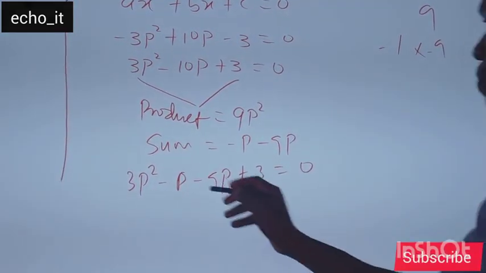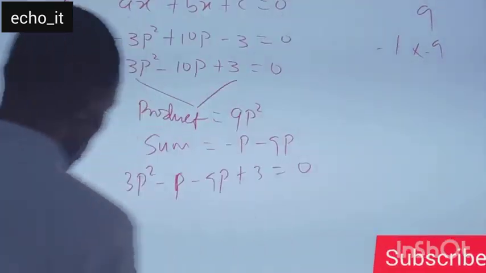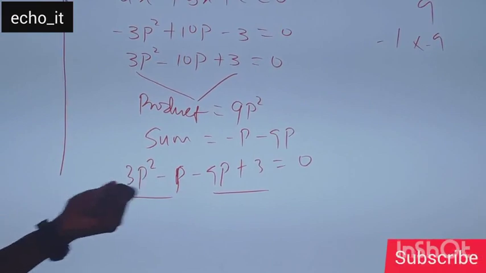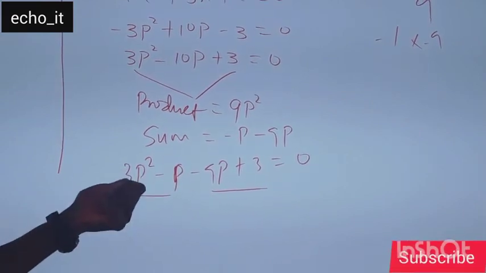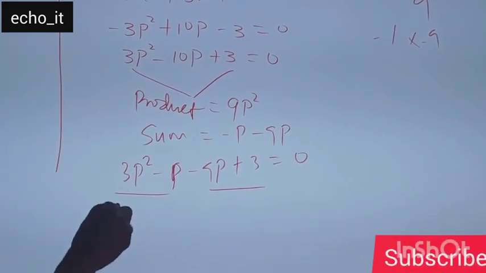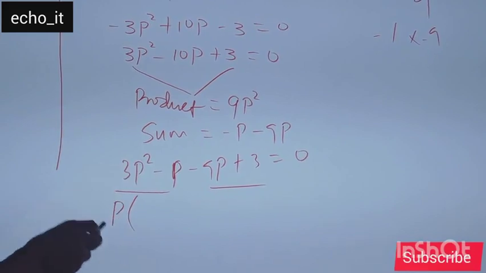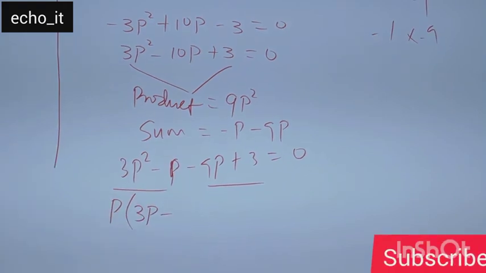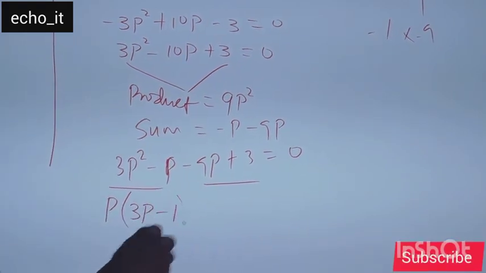So here you group them. If I group these two, you can see that p is common. P is in here, p is in here. Watch my previous video, I explained that. So I have p into 3p squared divided by p to give us 3p, minus p divided by p will have what? 1.